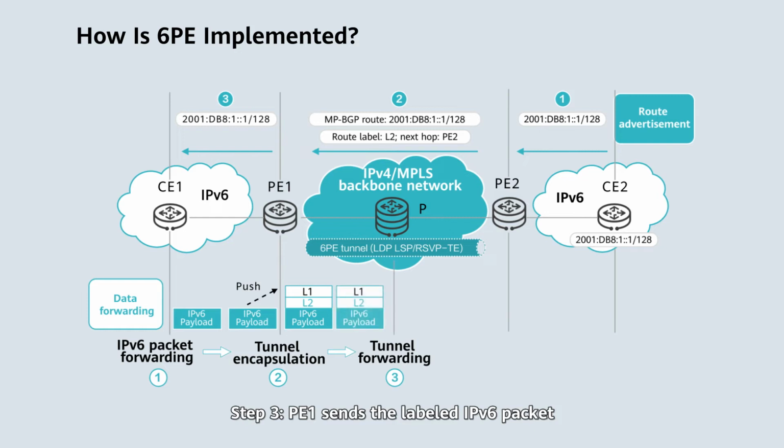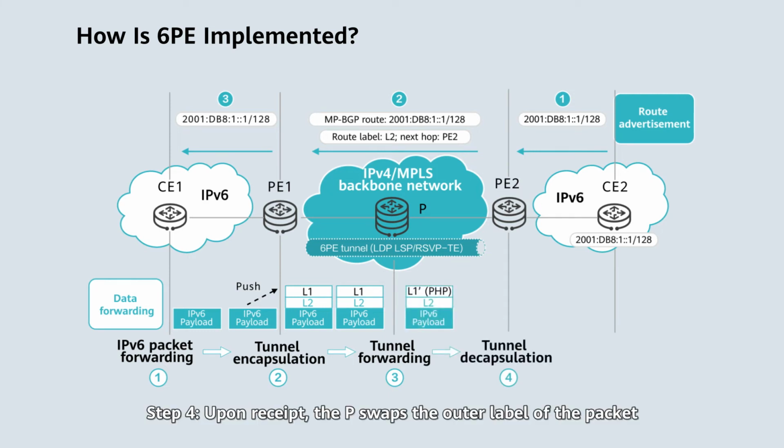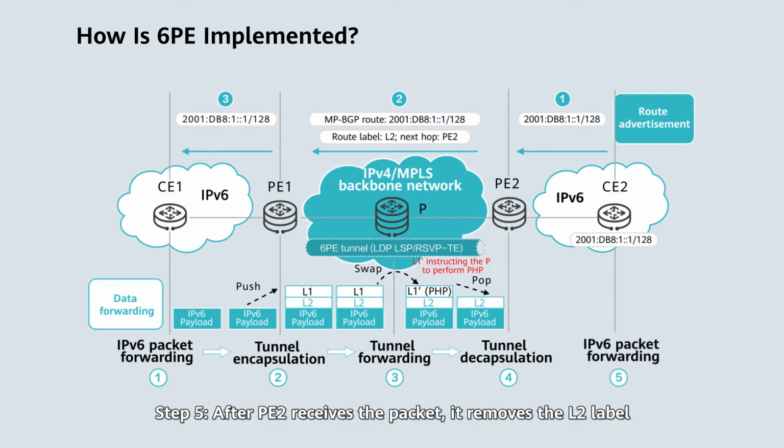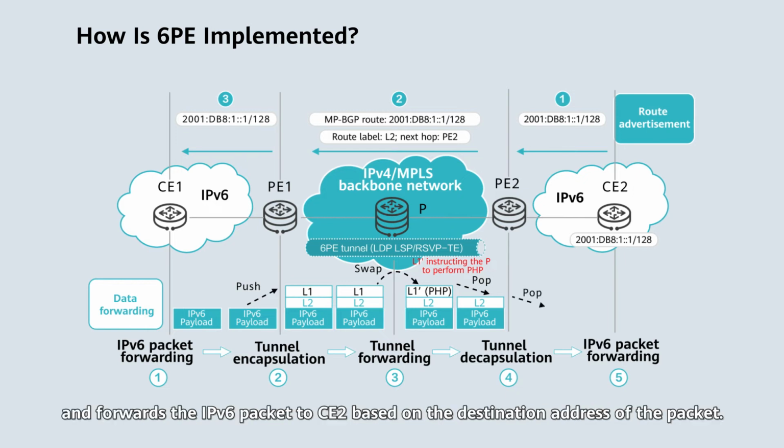PE1 sends the labeled IPv6 packet to the P through the public network tunnel. Step 4. Upon receipt, the P swaps the outer label of the packet and then performs PHP to remove outer label L1. Step 5. After PE2 receives the packet, it removes the L2 label and forwards the IPv6 packet to CE2 based on the destination address of the packet.